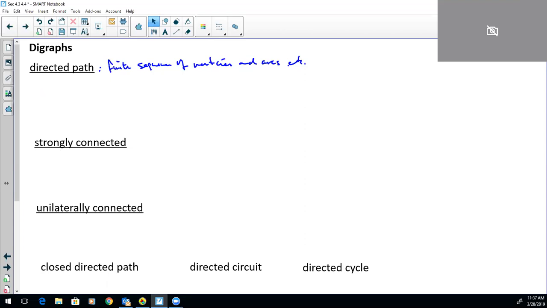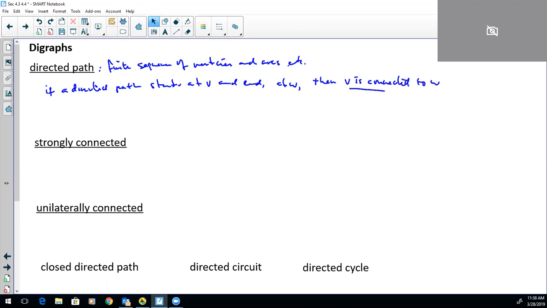Okay, a little bit of terminology. If a directed path starts at V and ends at W, we say W is connected from V. Okay.